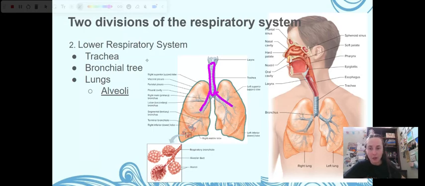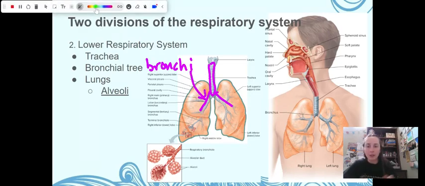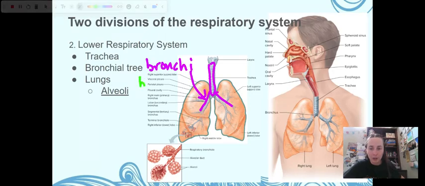Right, so the bronchial tree is going to have the bronchi, which are those two that just branched here, as well as the bronchioles. And those bronchioles are those smaller branches that we see getting further and deeper into the lungs.